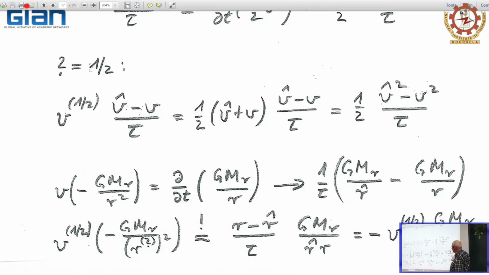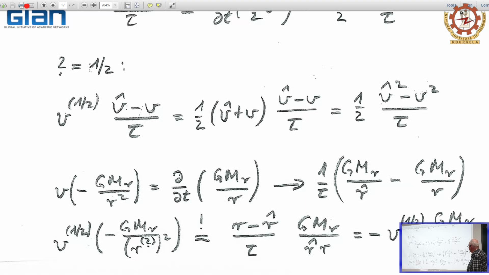Now, if we evaluate this term, then we have GM over r hat times r, times (r minus r hat) over tau. Just rearranging these two terms, we get (r minus r hat) over tau times GM over (r hat times r).